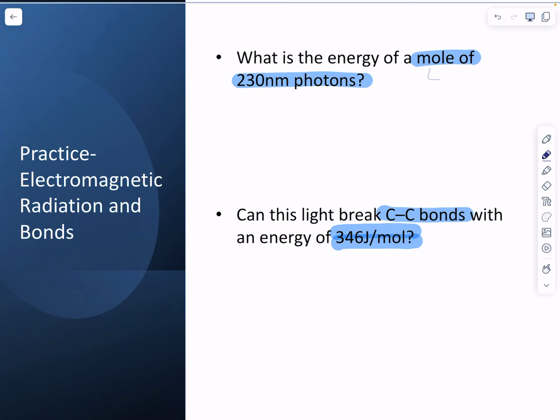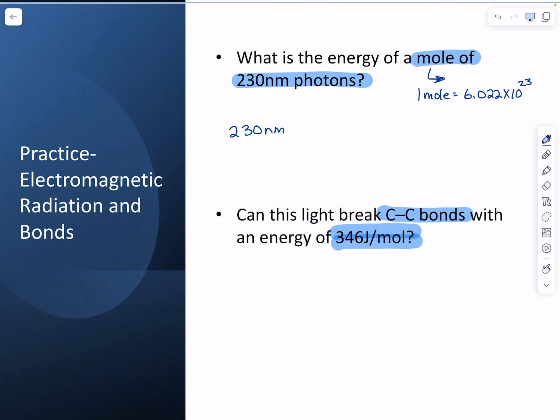Remember, we're treating our photons like they are little objects, and a mole is Avogadro's number, 6.022 times 10 to the 23rd objects. So we've got 230 nanometer light.